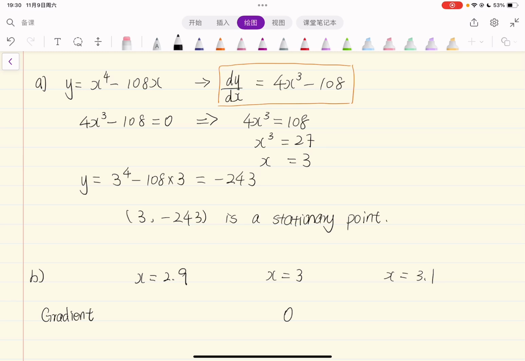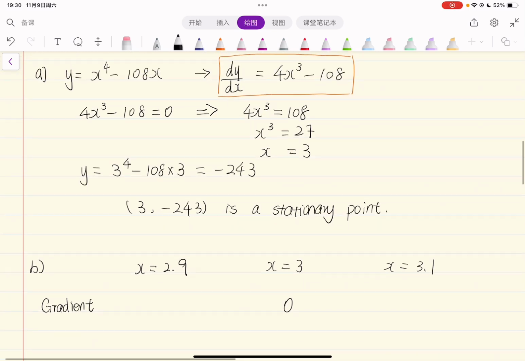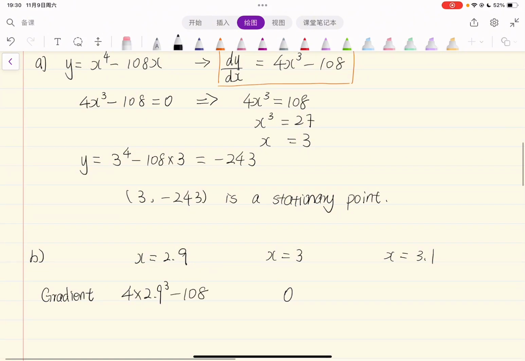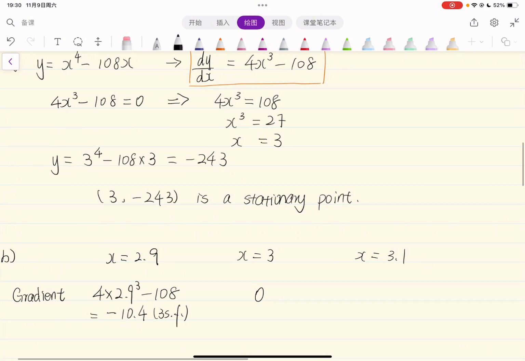So we can write down 4 times 2.9 cubed minus 108, that equals negative 10.4 to 3 significant figures, using the calculator. If x equals 3.1, we have 4 times 3.1 cubed minus 108, that equals 11.2 to 3 significant figures.